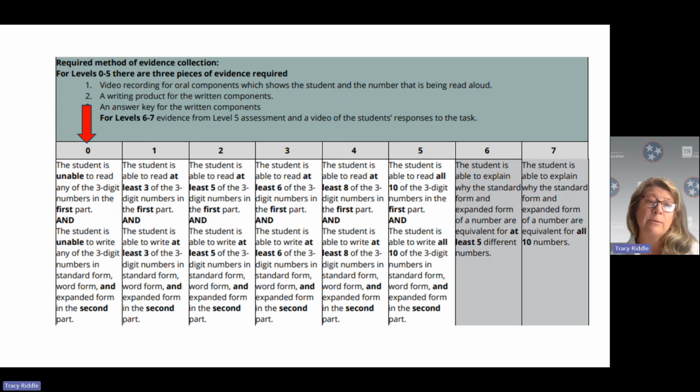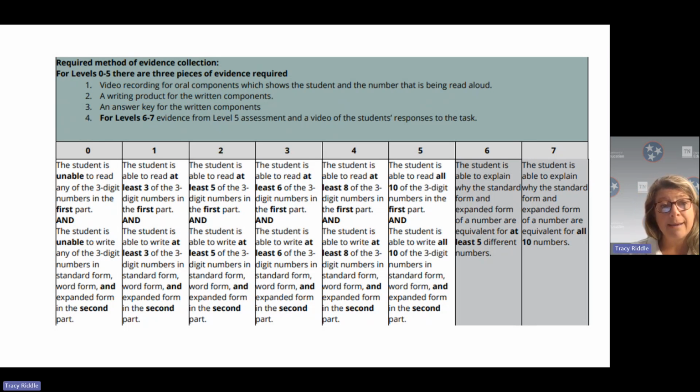In order to score a level 0, the student is unable to read any of the three-digit numbers that you assessed in that first part, and they're unable to write any of the three-digit numbers in each form, standard, word, and expanded form for the second part.